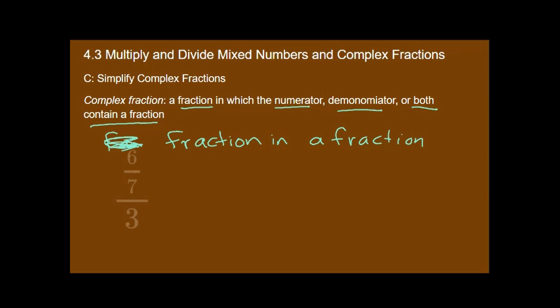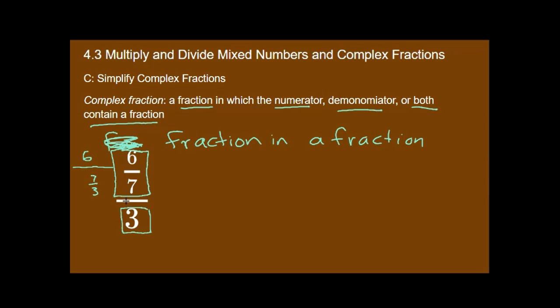So some examples of this would be 6/7 over 3. Okay, here we have a numerator of 6/7 and a denominator of 3. Now, how do I know that this is 6/7 as the numerator and 3 as the denominator, and not 6 as the numerator and 7/3 as the denominator?